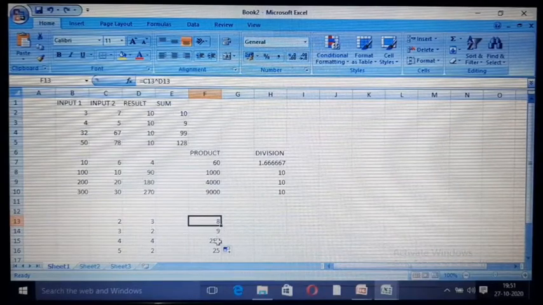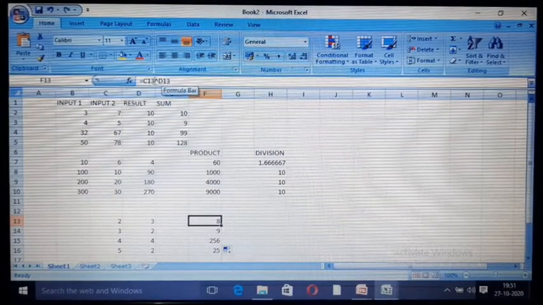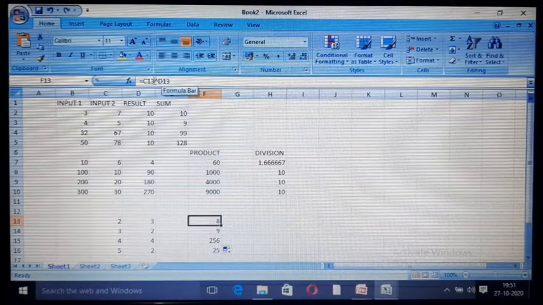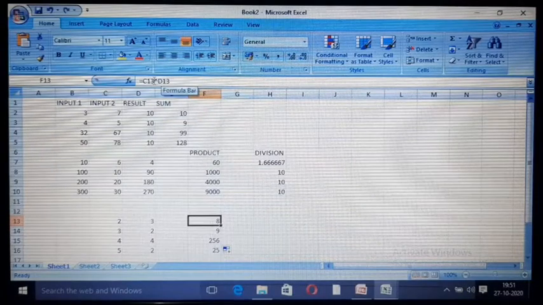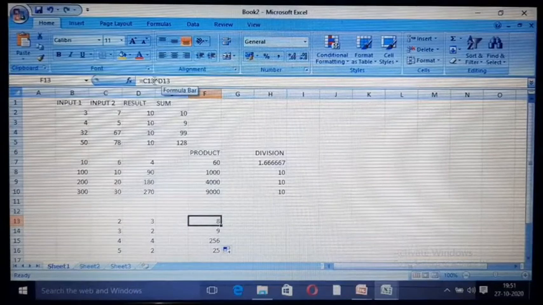That time we were using cell contents, and now the cell address. Always we should use cell address, not the cell contents.